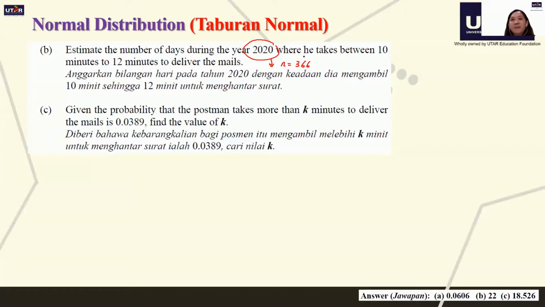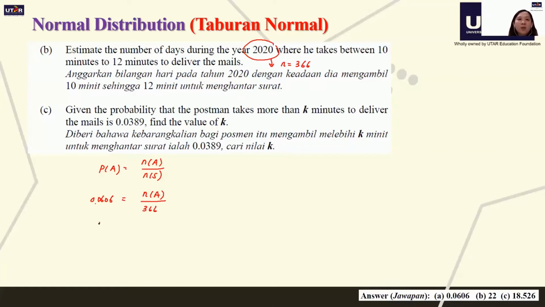As usual, we go back to the basic definition of probability. The probability we found in part A is 0.0606, and the grand total for the year is 366 days. I will just put it down here, 366.